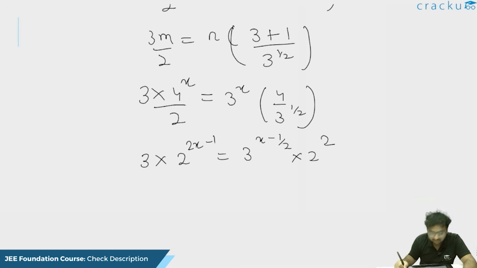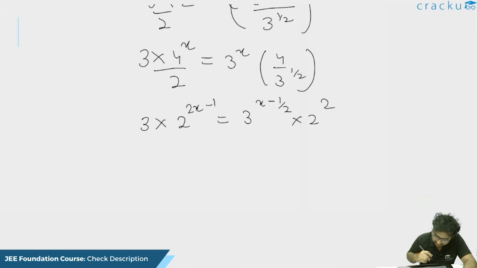Now because we know 2 square is 4, either you can compare the powers of 2 or of 3. The answer will be the same. So let us compare. We get 3 to the power 1 equal to x minus 1 by 2. So x is equal to 3 by 2.